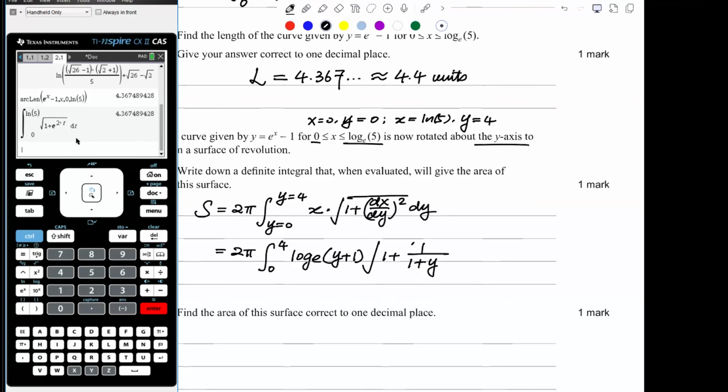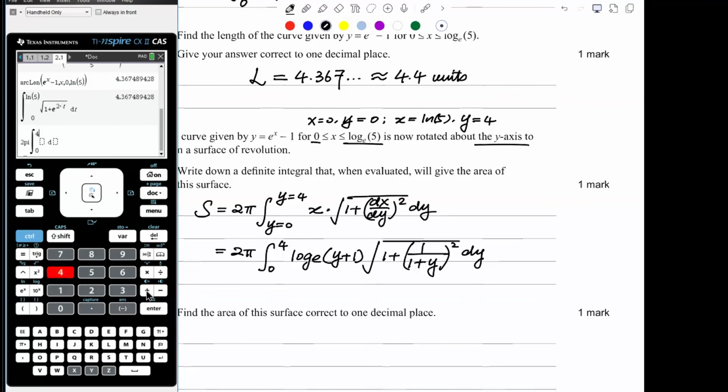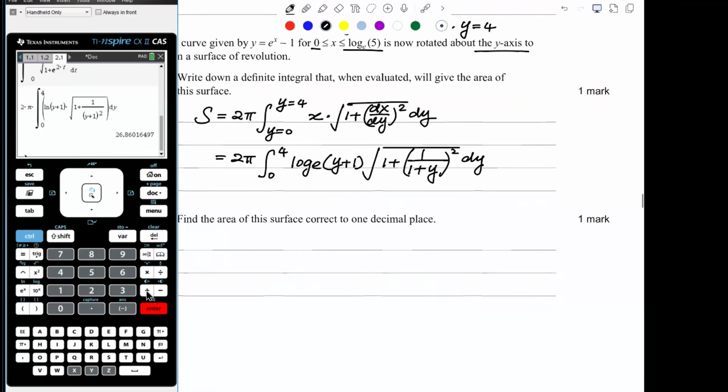So reciprocate this, you get 1 over 1 plus y, dy. And we have to find the area of this surface, so we have 2 pi times the integral from 0 to 4 of natural log of y plus 1, square root of 1 plus 1 over y plus 1, whole thing squared, dy. That's the answer.